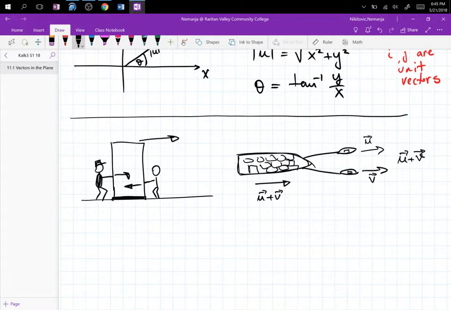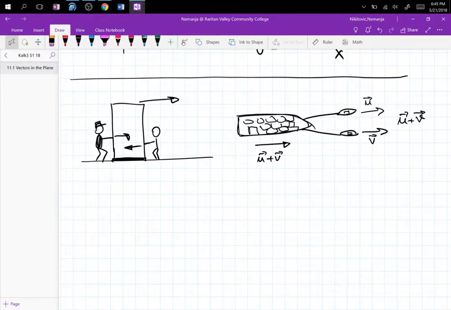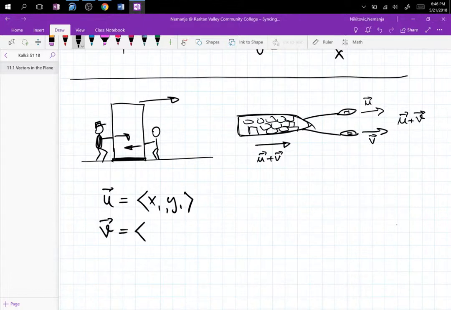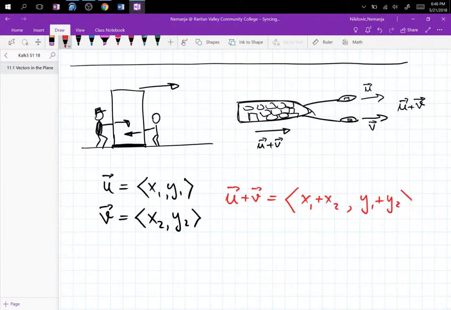You're free. All right, so now vectors add. If I have a vector u with x1, y1 coordinates, and the vector v with x2, y2, the sum of these vectors u plus v is going to be simply x1 plus x2, comma, y1 plus y2.